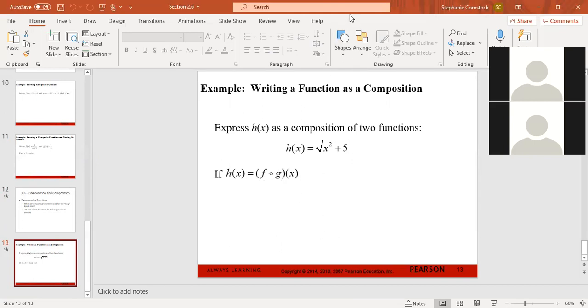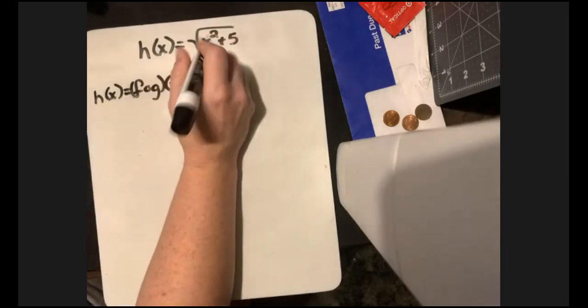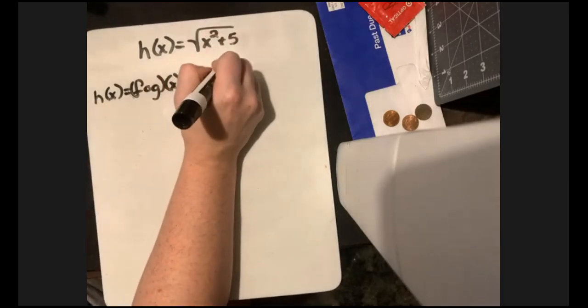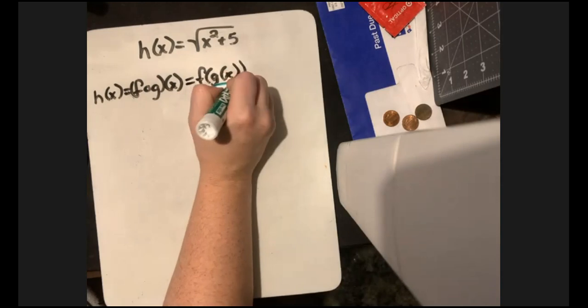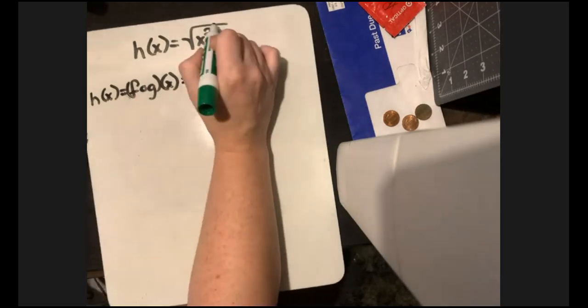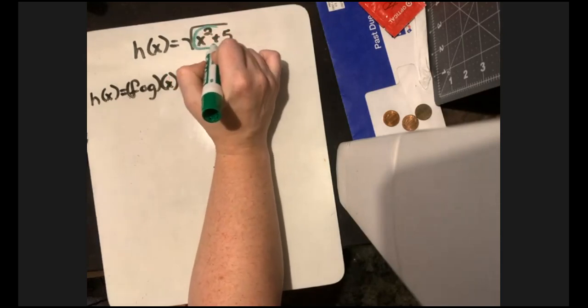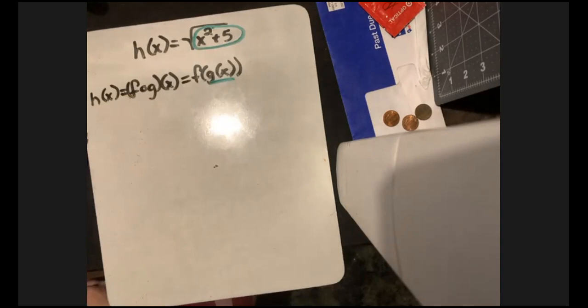So we'll bring this back over to our whiteboard for just a second. Here we've got this. First thing I'm going to do is swap out that notation, so that I can really see g of x is the thing that's inside, or being put in. So I'm going to lump this entire x squared plus 5 all together, and that's going to be one of my functions.